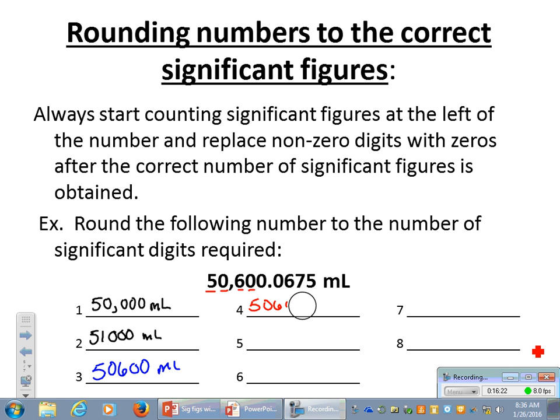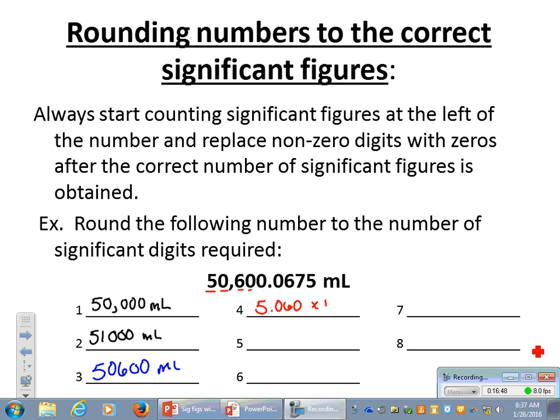So what we're going to do is put 5.060. And that has 4 significant digits, a captive 0, which is significant, and a trailing 0 with a decimal place, which is significant.